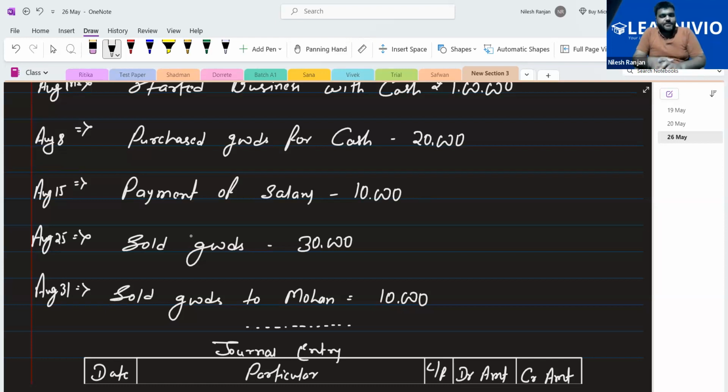Sold goods. Okay, there is also a second transaction here. Sold goods to Mohan. Okay, so we'll discuss both of these, but first tell me which two accounts are included in the August 25 transaction.